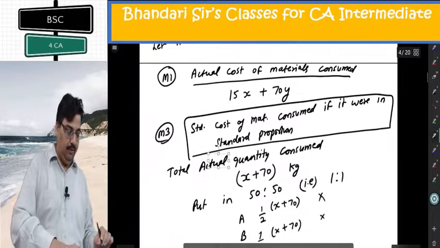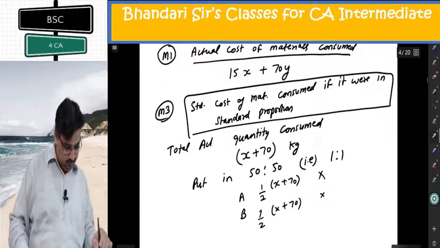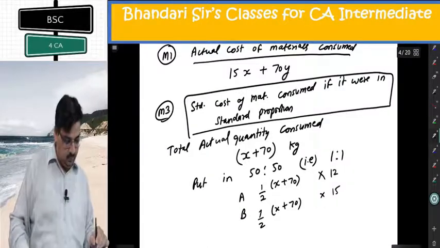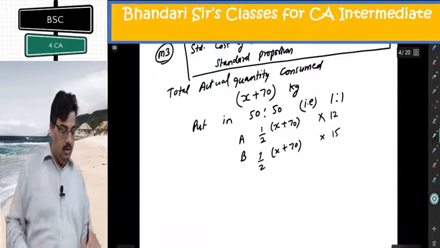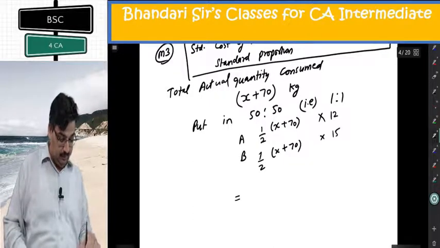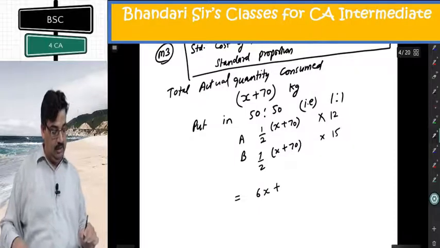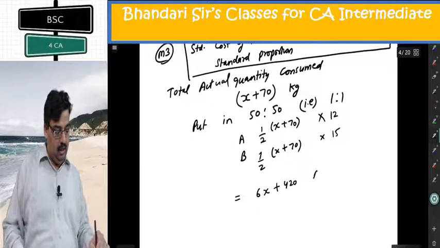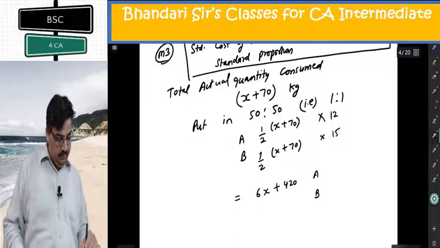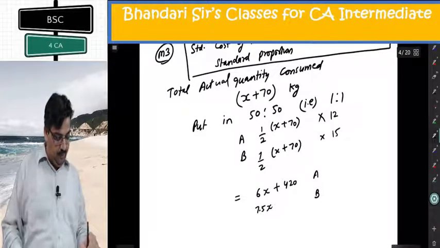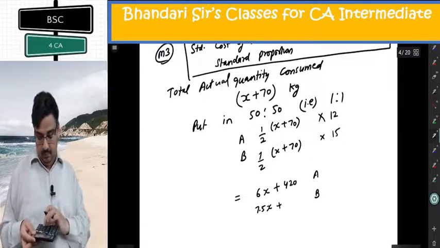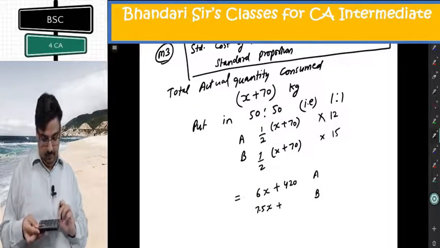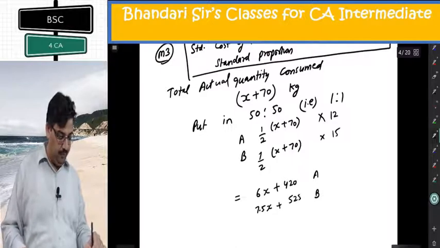Standard rate was 12 and 15. Let's open the brackets. 6x plus 420, this is for A. For B, 7.5x plus 525.